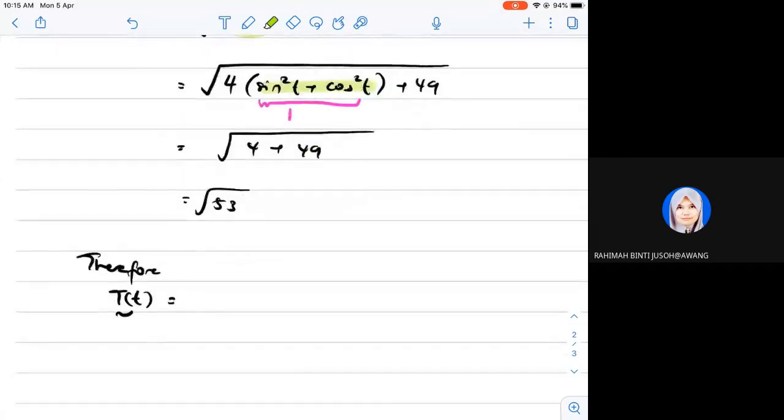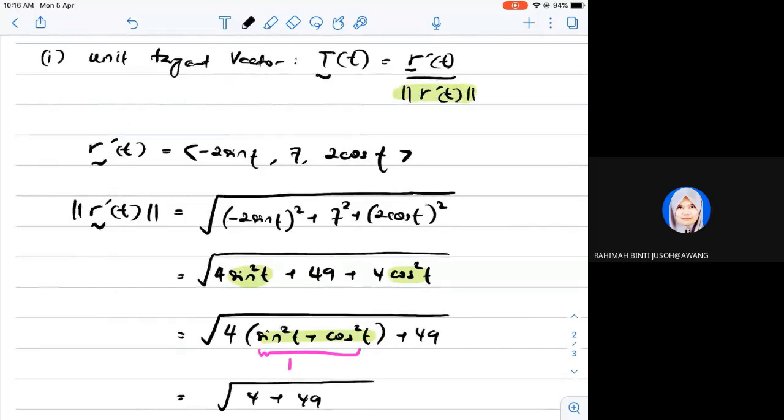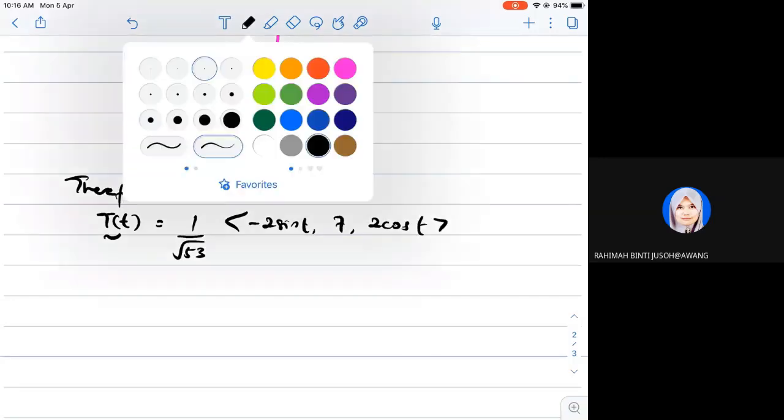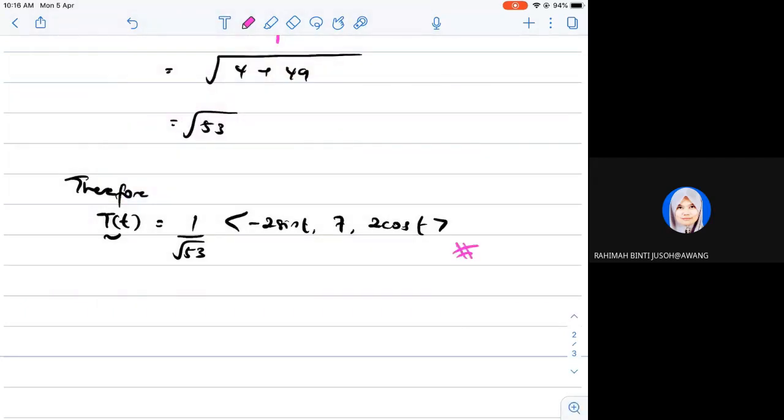So we can put 1 over square root 53 in the front like this. And then you can put the vector of R prime T here. So negative 2 sine T, 7, 2 cos T, like this. So this is the answer. Okay? Understand guys?